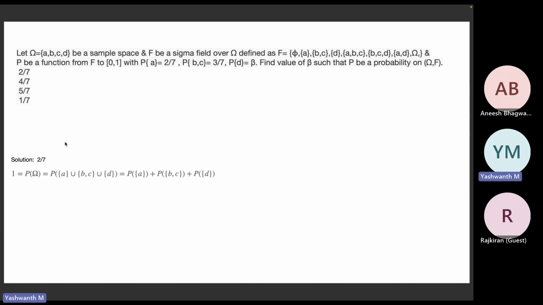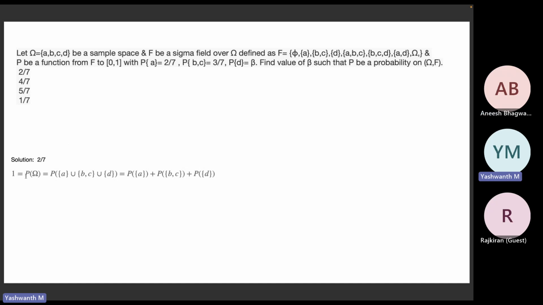To be a valid probability space, it has to be non-negative, and P of omega should be 1. And you have one more constraint: if A and B are exclusive, P of A union B is P of A plus P of B. So basically we just need to use the first one.